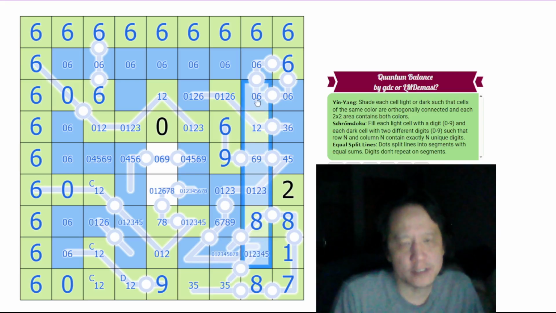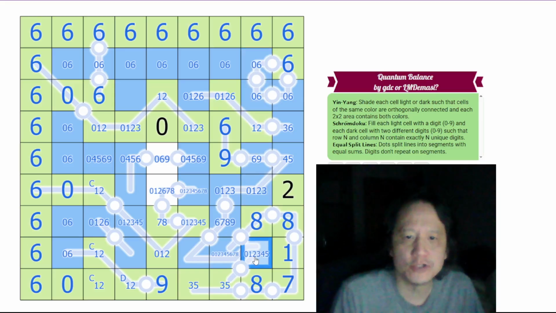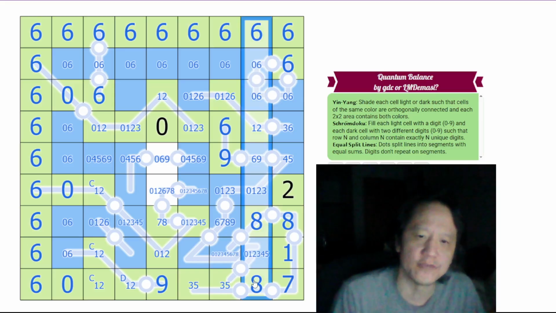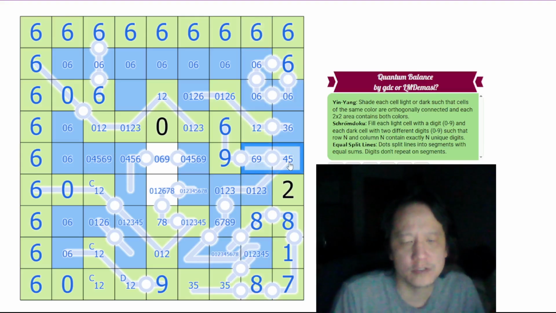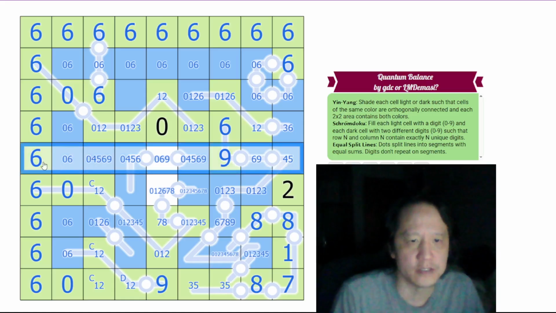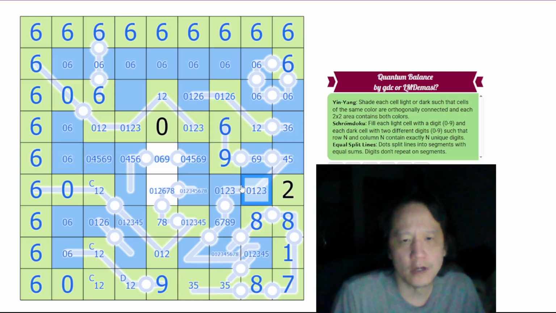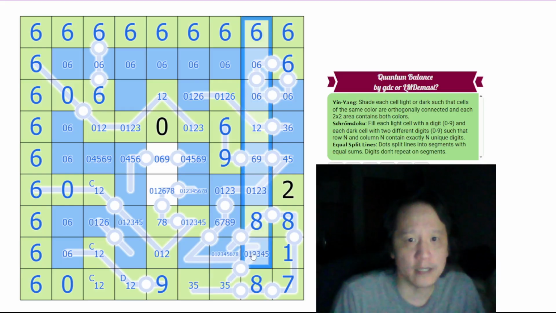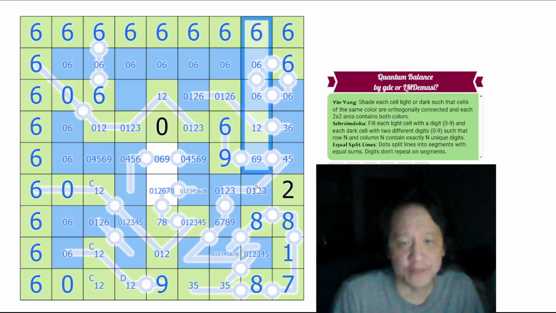We don't necessarily need a 4. Oh, we don't have access to a 7 in column 8. None of these could be 7 because of the sums. This can't be 7 because we only have 5 unique digits in row 5. These have to be 0 through 3. And 7 can't be here because it's either 3 or 5. So we're missing a 7, definitely, in column 8.